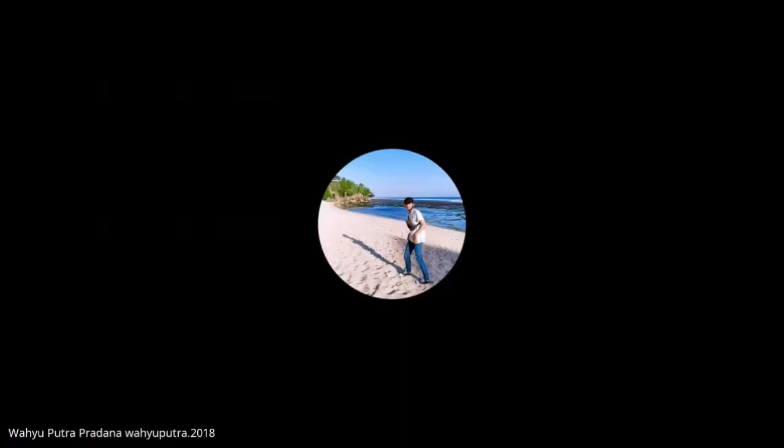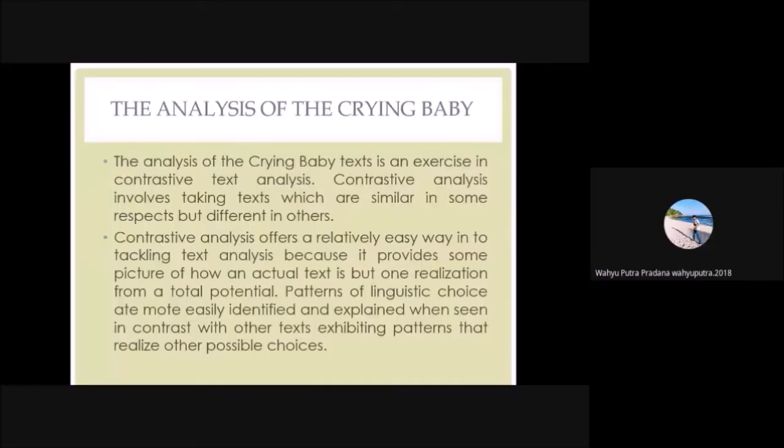Contrastive analysis offers a relatively easy way into tackling text analysis because it provides some picture of how an actual text is a selection from a total potential. Patterns of linguistic choice are more easily identified and explained when seen in contrast with other texts, exhibiting patterns that rely on other possible choices.